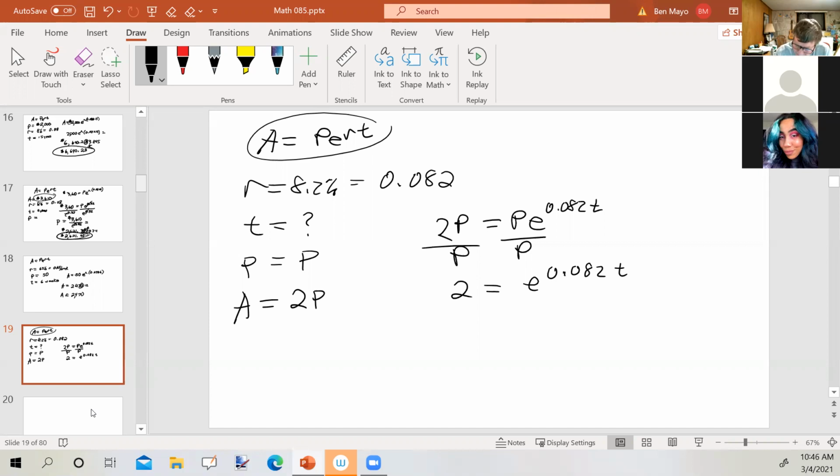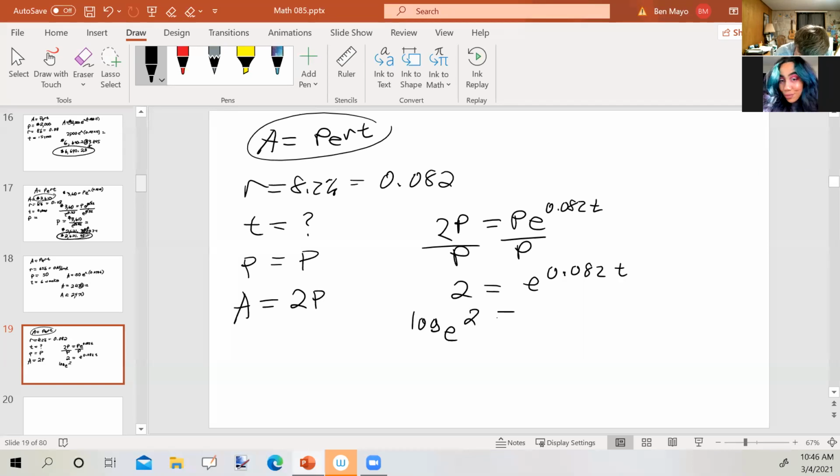Okay, now I'm trying to solve for t. T is an exponent or part of the exponent. So I'm going to take this exponential equation and rewrite it as a logarithmic equation. So I'm going to get log base e of 2 equals 0.082 times t. Is everybody okay how I did that?